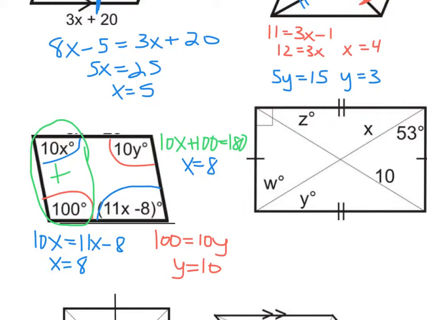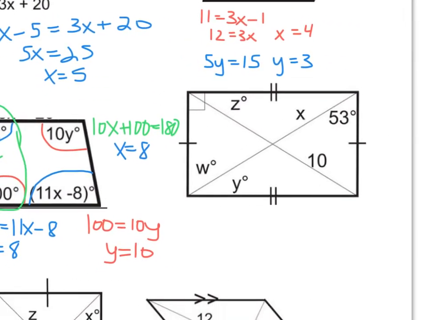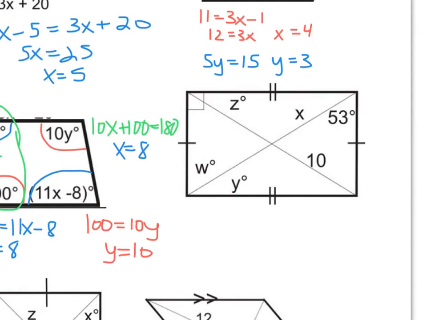After we studied parallelograms, we looked at a special parallelogram, which was a rectangle. The definition of a rectangle that makes it different from a parallelogram is that it's a parallelogram that has all right angles. So anything I give you with that is going to be 90 degrees total. But it is still true that the diagonals bisect each other.